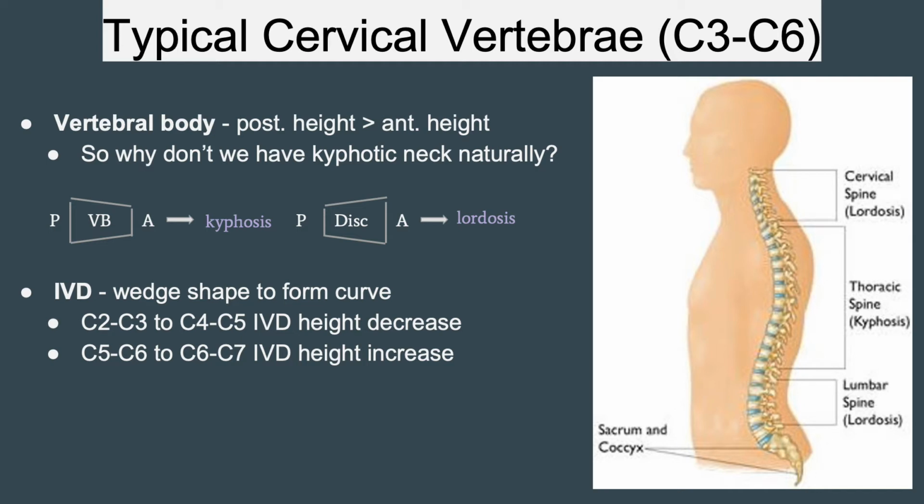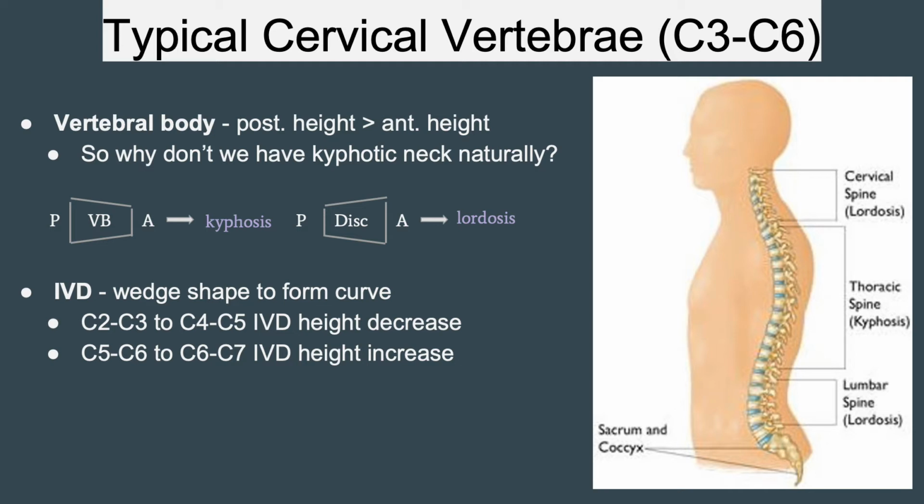All right, so on page 60, there's a whole ton of words, and this slide kind of nicely summarizes what's important about it. So what it's talking about is the shape of the vertebral body and how it's responsible for making that cervical lordosis that we know is important. So the vertebral bodies themselves have a wedge shape to them.